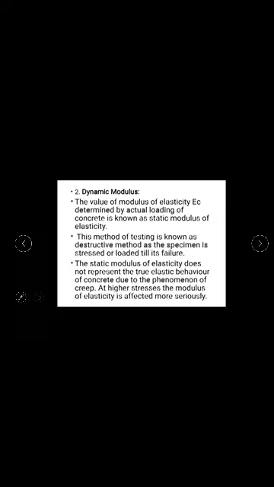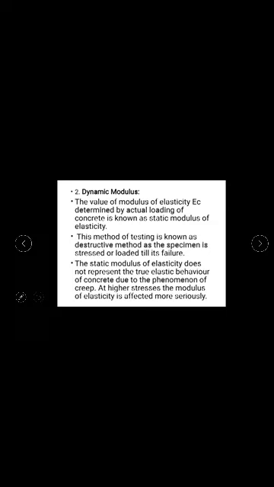It has been observed that for the same stress-strength ratio, the stronger the concrete, the higher the strain. On the contrary, the stronger the concrete, the higher the modulus of elasticity.